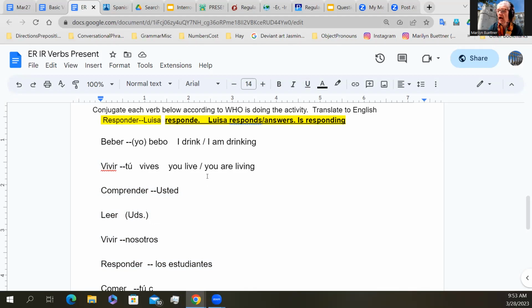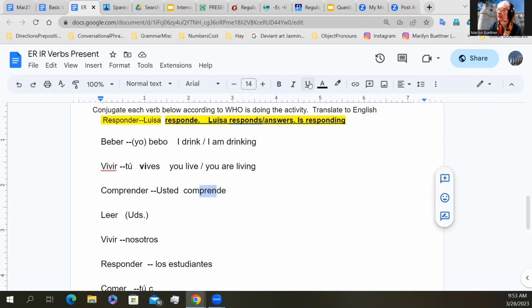Vives, okay? Comprender with usted. We know we've got that comprende, right? Comprende. And I'm going to add also a little underline or a little bold there. Here's the syllable we punch a little harder. Vives, right?